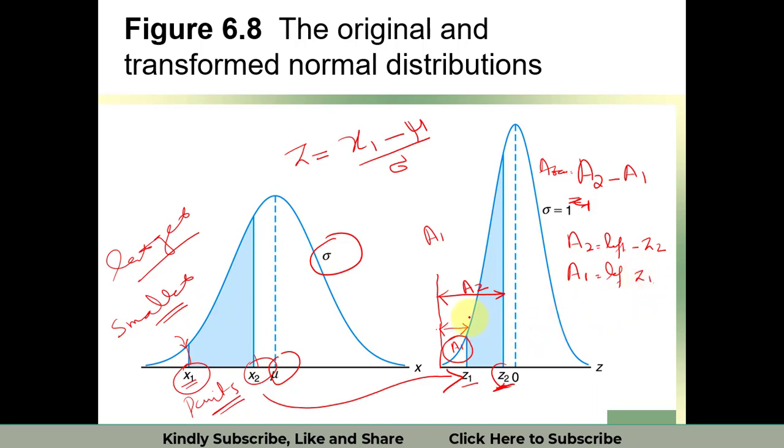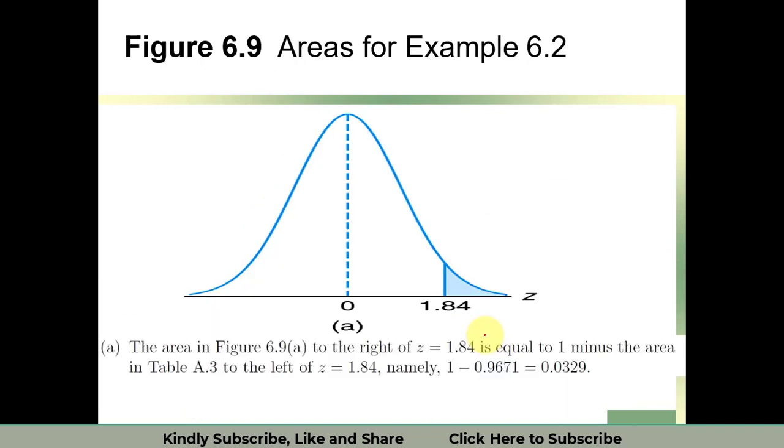So it is obvious from the figure that we are only interested in the area between z1 and z2, and we are not interested in this white colored area. What we will do is calculate the whole and subtract this white colored area that is given by a1 from a2, and we will get our shaded region that has been colored blue. So this is the way we calculate the probability under the curve associated with a specific area.